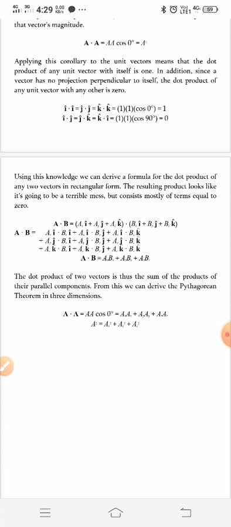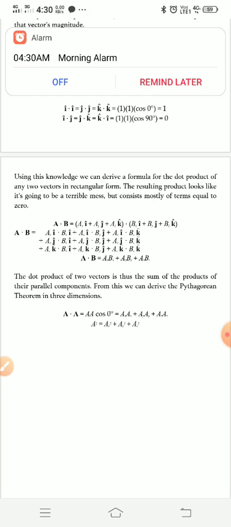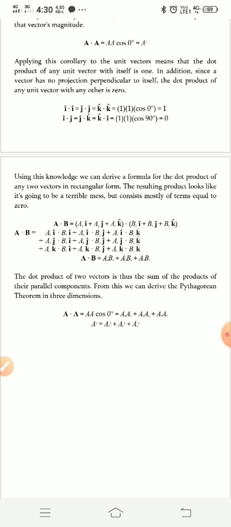If components of force are Fx, Fy, Fz, and components of displacement are dx, dy, dz, then F is equal to Fx i plus Fy j plus Fz k, and d is equal to dx i plus dy j plus dz k.